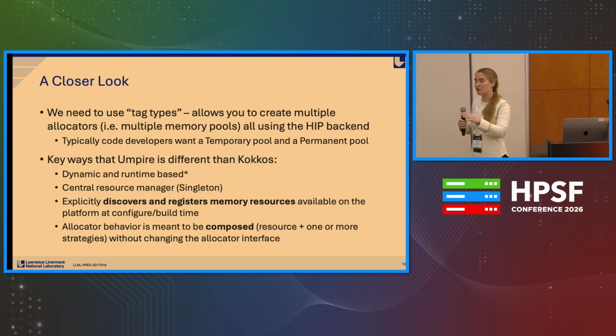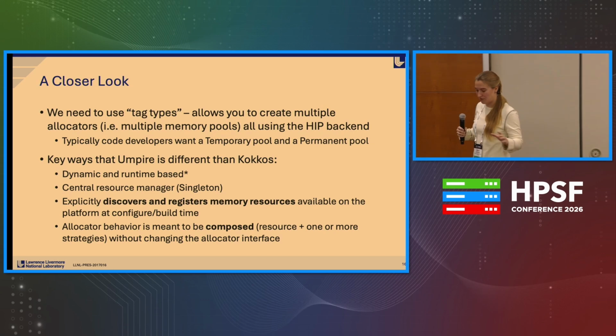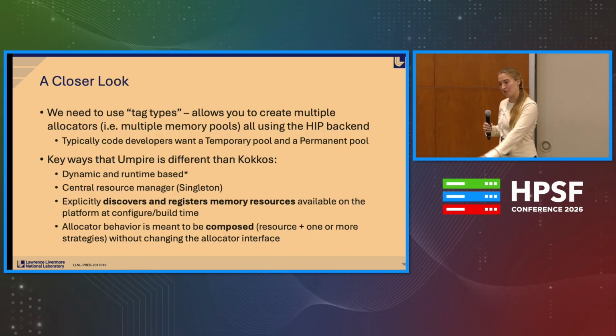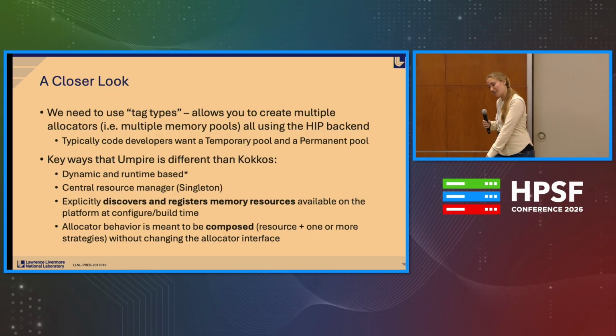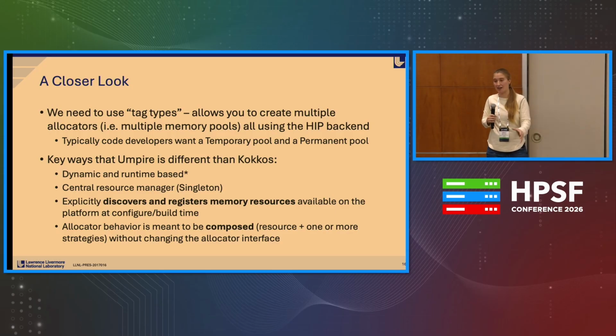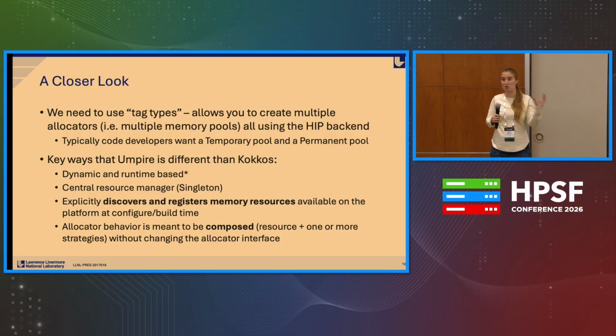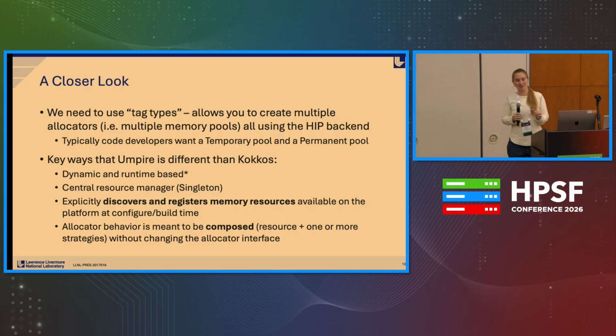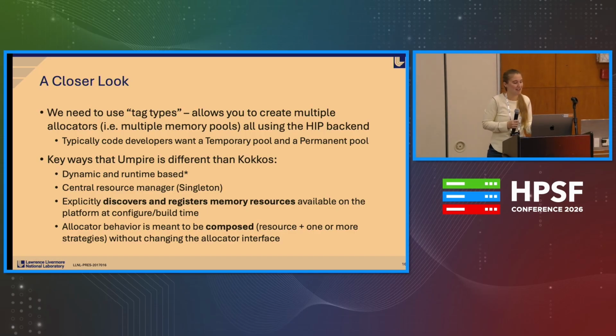A lot of code developers want two different memory pools, one for temporary allocations and a separate pool for permanent allocations. If you want to get that set up, the tag types really help you, because you would just have pool 1, pool 2, and that helps make everything work.